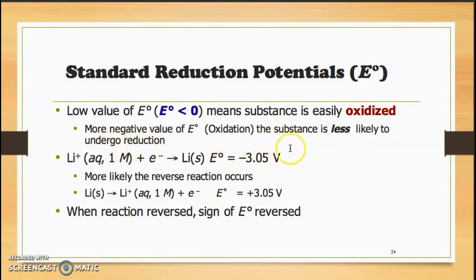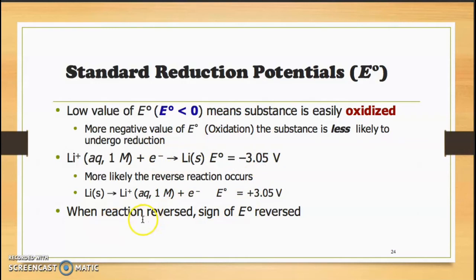This is the negative value, but it is still the reduction, gain of electrons, the standard reduction potential. And this negative value means it undergoes the oxidation process.